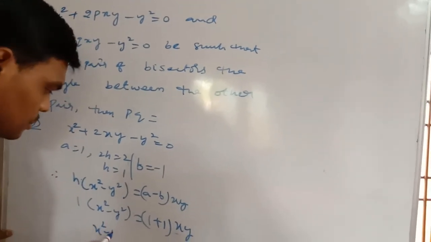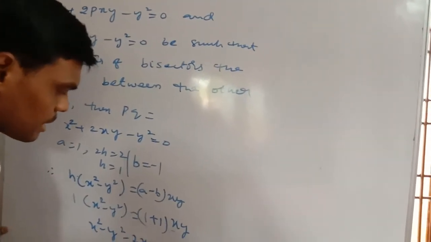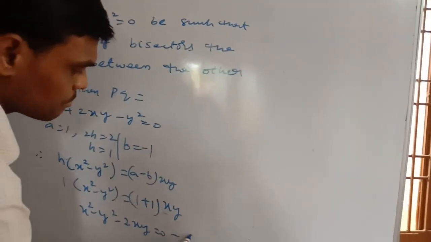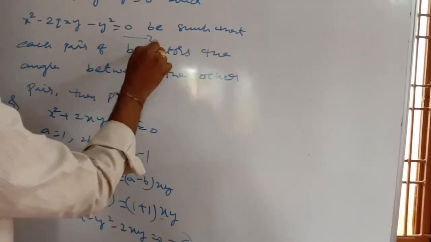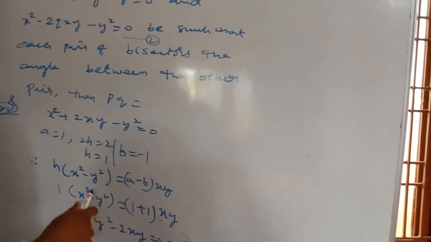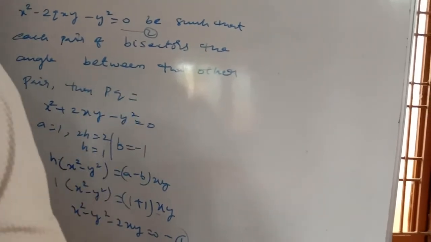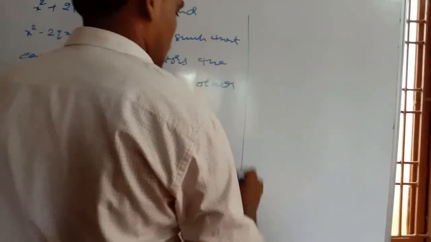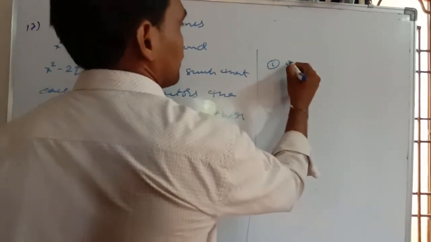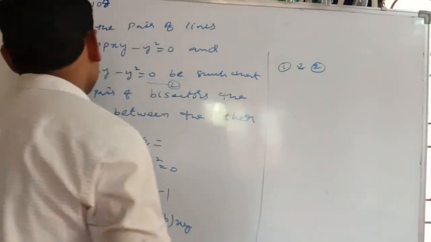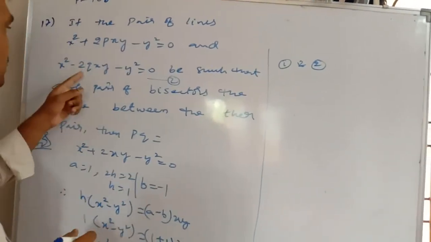Now x square minus y square minus 2xy is equal to 0. This is 1 and the other pair of lines is 2. Now 1 and 2 represent each other. Here 1 and 2 represent the same pair of lines.